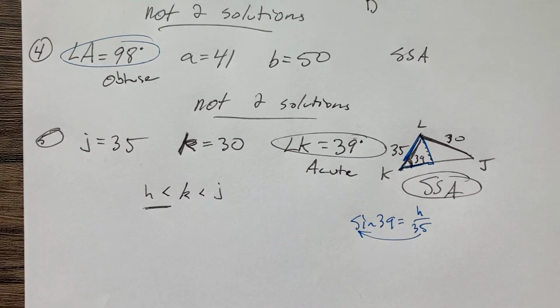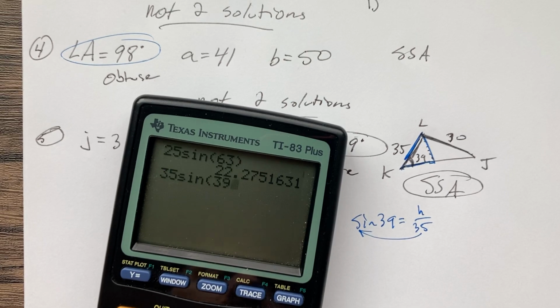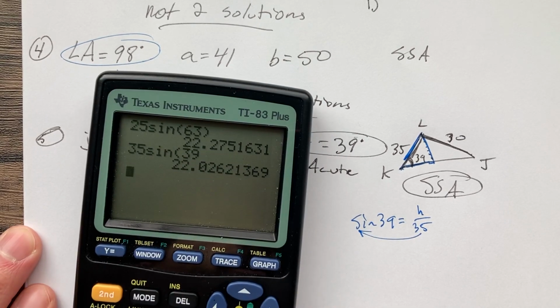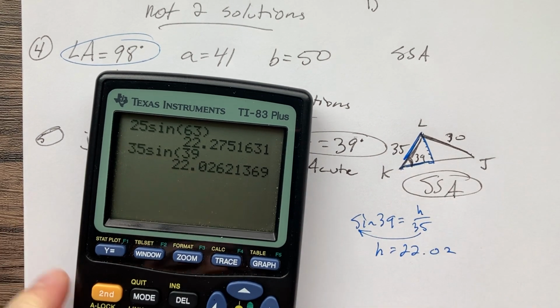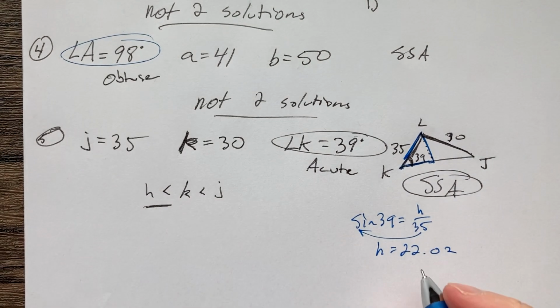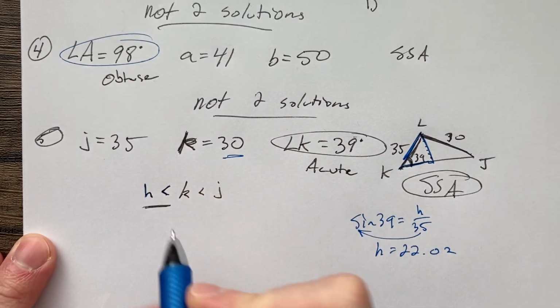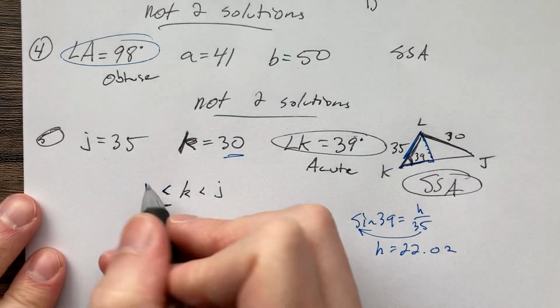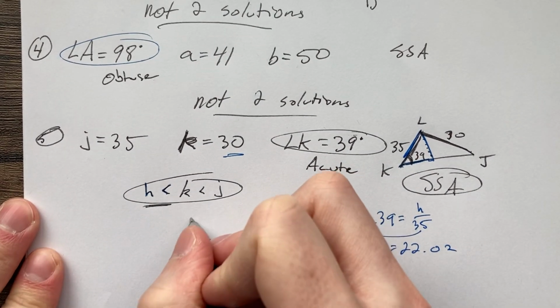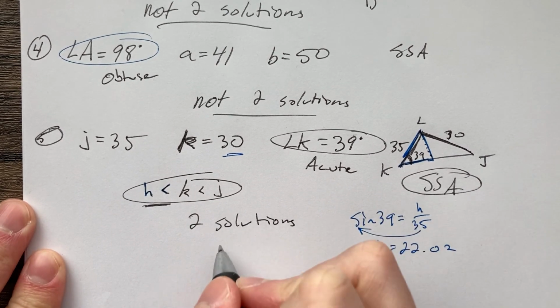Swing that 35 up in front: 35 sine 39 is 22.02. Which is going to be less than K, which is 30. So the height is less than K, which is less than J. There is our third check. So yes, this has two solutions.